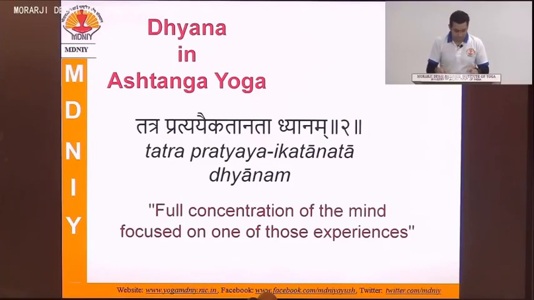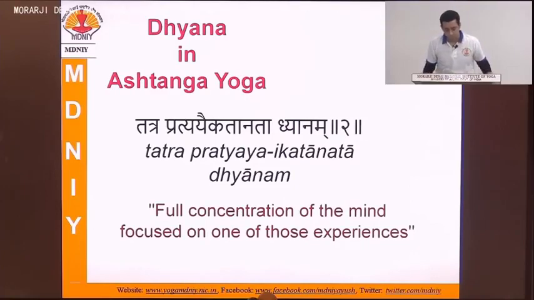It means the flow, an even, smooth, continuous flow, full concentration of the mind focused on one experience. If you are pouring oil, you can see the rhythm, the even flow. That is the state of dhyana.